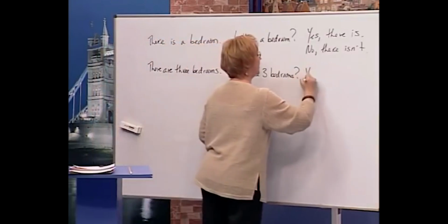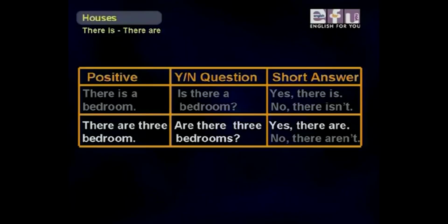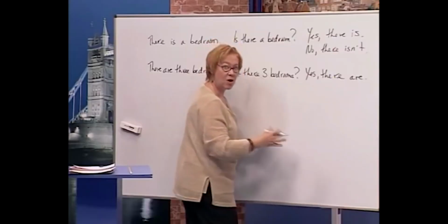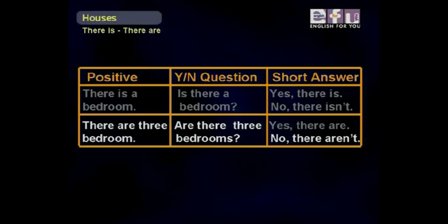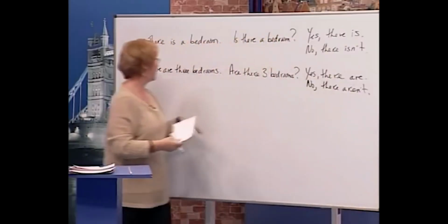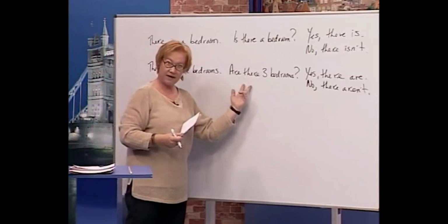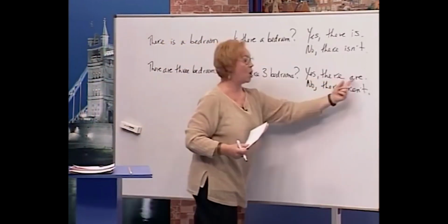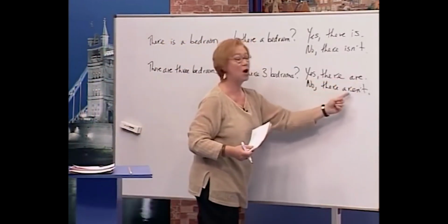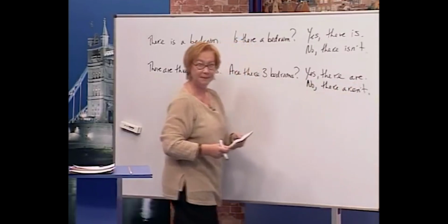Now you can guess the answer. Yes, there are. Or no, there aren't. Okay, so there are 3 bedrooms. Are there 3 bedrooms? Yes, there are. No, there aren't. Okay? All right.